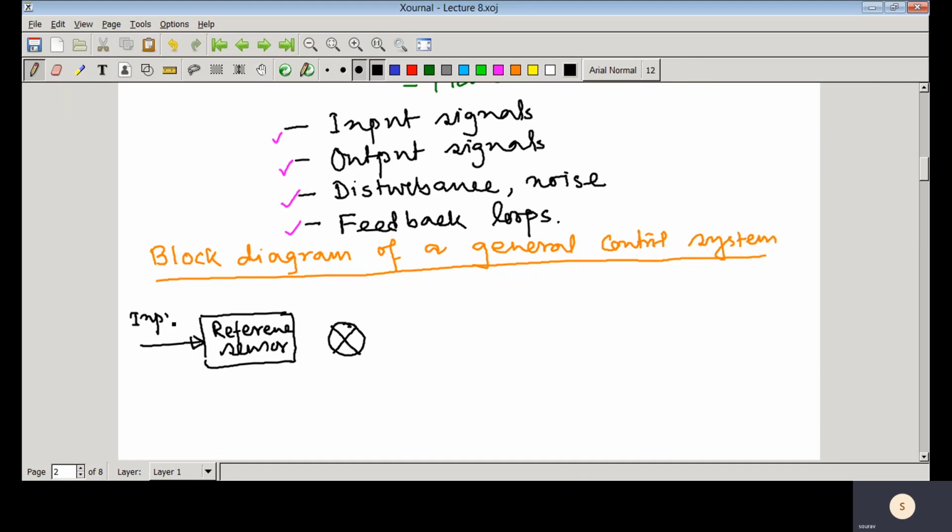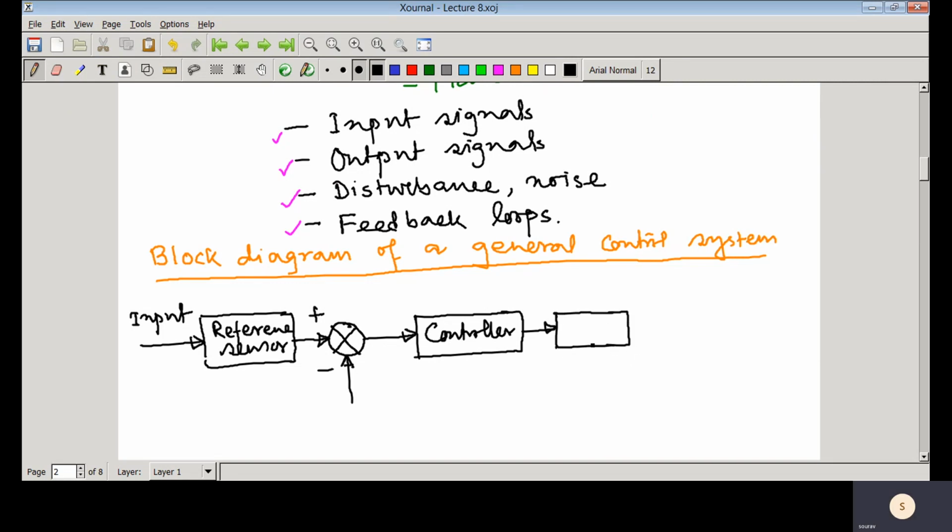You have the input, that is the reference command, which comes to the comparator, and now the feedback loop is coming to this particular point. Now here you have the error signal, and after that you have the controller. So now the controller output is fed to the actuator.